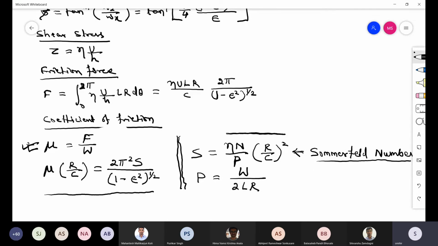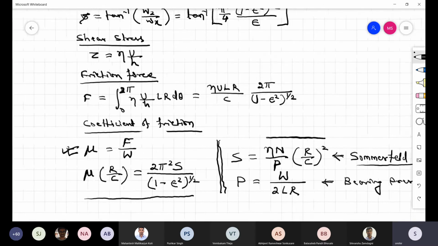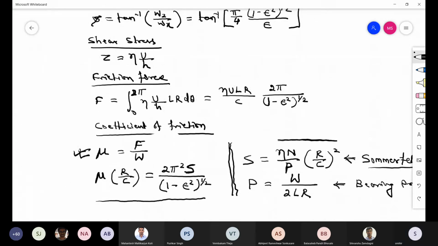Can you tell me? Pressure. Yeah, what pressure? Bearing pressure. Yes, good. So this is actually bearing pressure, pressure acting over the projected area of the bearing. So this is called Sommerfeld number. This friction I have written in terms of Sommerfeld number S.